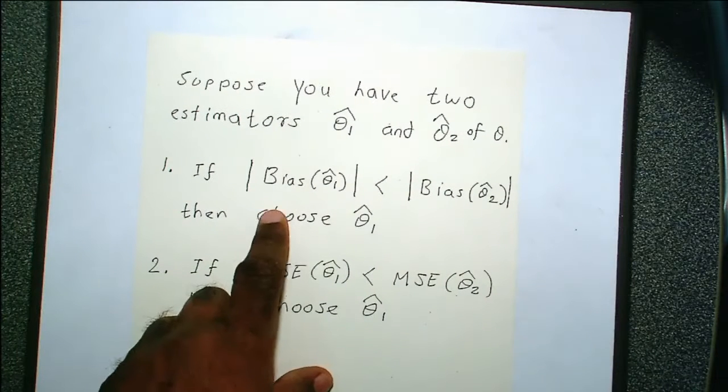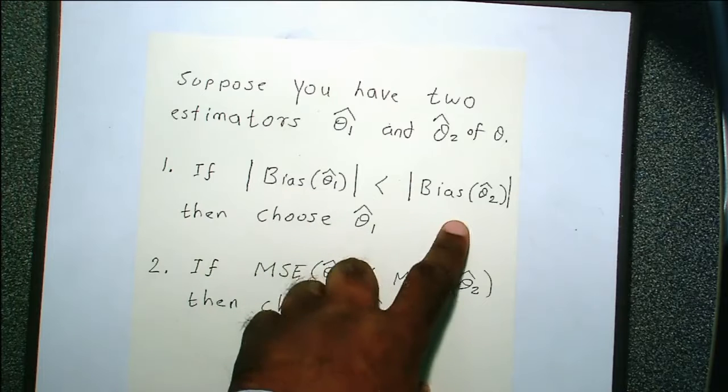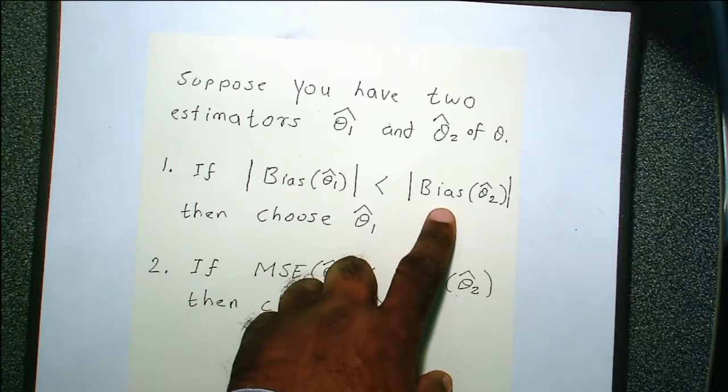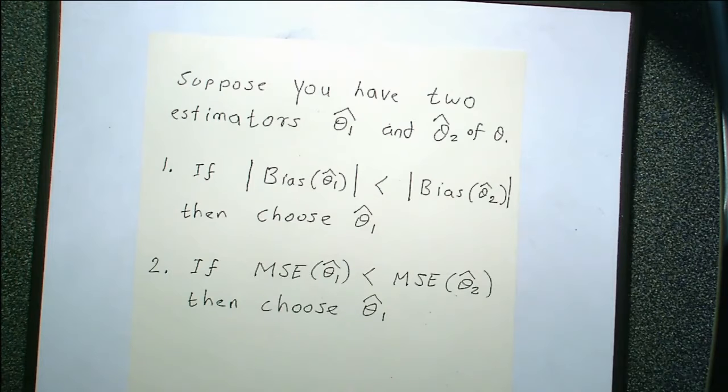With respect to bias, if the absolute value of the bias of theta 1 hat is less than the absolute value of the bias of theta 2 hat, then you would prefer theta 1 hat. And if the MSE of theta 1 hat is smaller than the MSE of theta 2 hat, you would once again choose theta 1 hat. So this is how you choose which one is better.